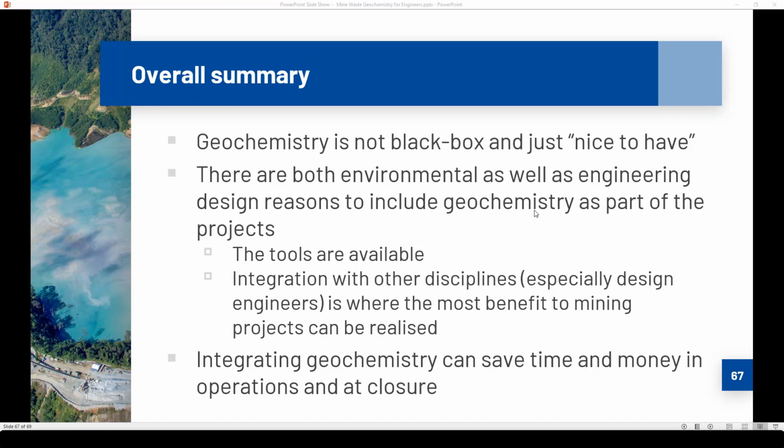We have been able to apply them on several case studies, and where we can integrate the geochemistry with the other disciplines, particularly design engineering, is where we can get the most benefit to mining projects. By integrating the geochemistry with your designs, you can save a whole bunch of effort and, as importantly, save time and money in both operations and at closure.